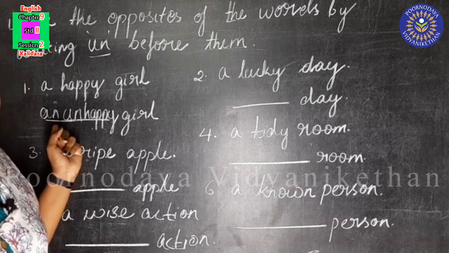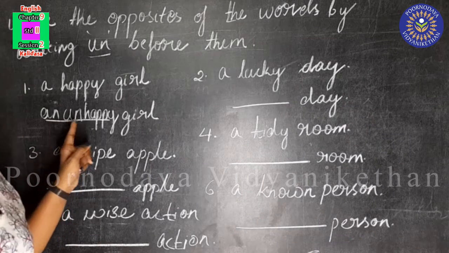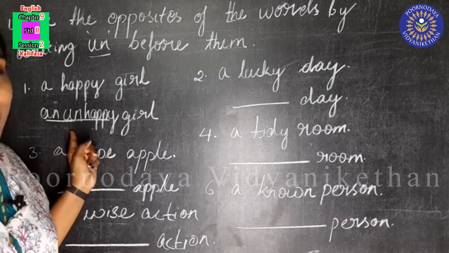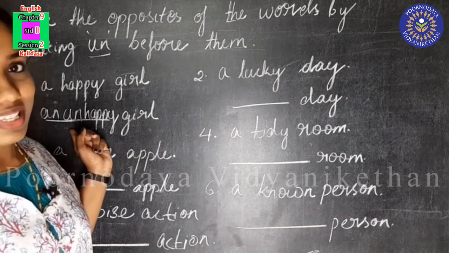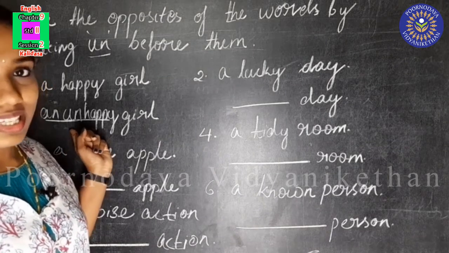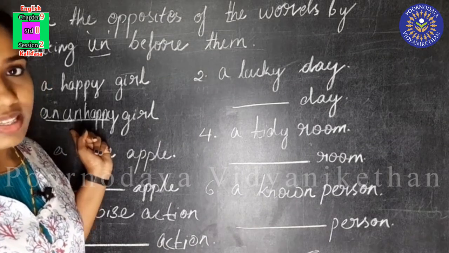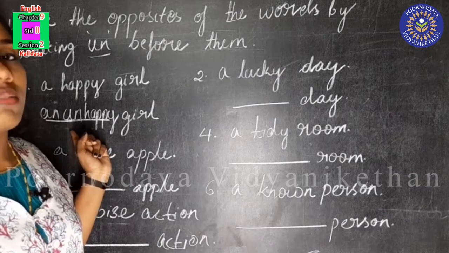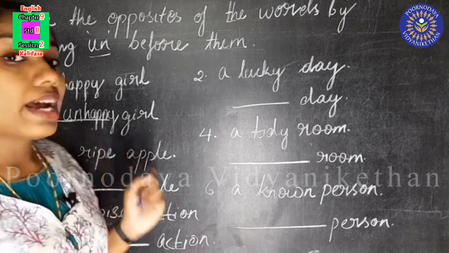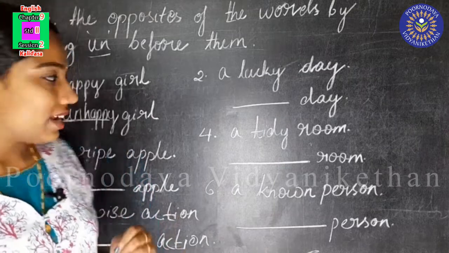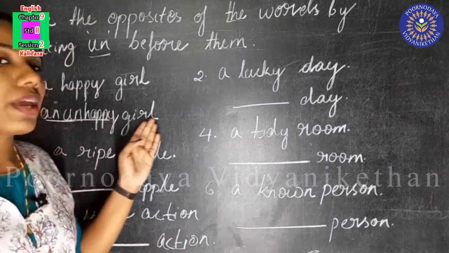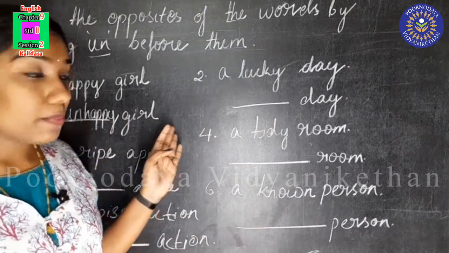We added an here because unhappy starts with a vowel sound. We have already learned this. A is a vowel sound, and in front of the vowel sound we have to add article an. An unhappy girl. Repeat it, children.